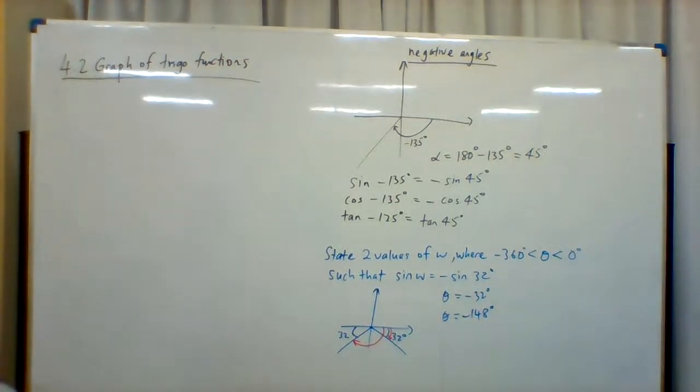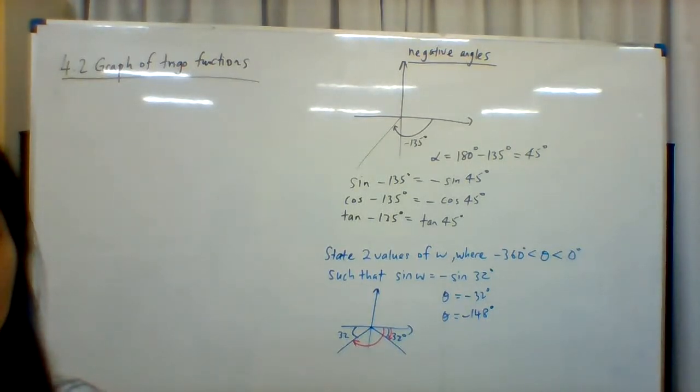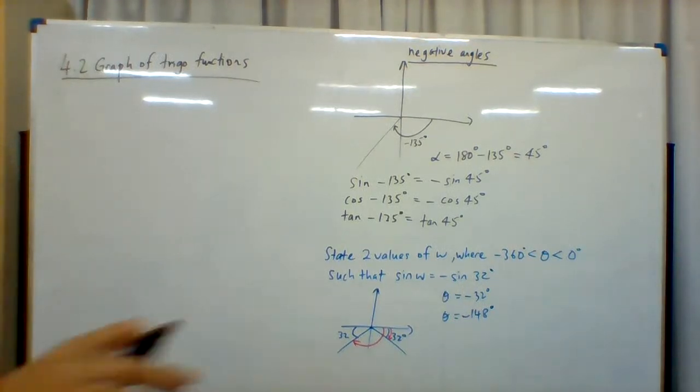Okay, now for trigonometric functions, there are three graphs that you need to memorize. The general shape, the maximum, the minimum point, and where it cuts the x-axis you need to know. The first graph that you need to memorize is y equals sine theta.